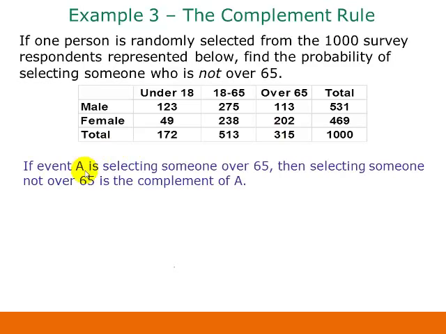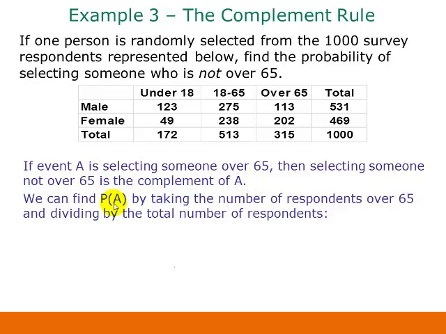So if we let event A be selecting someone over 65, then selecting someone not over 65 would be the complement of A. We can find the probability of event A by taking the number of respondents over 65 and dividing by the total number of respondents. So we have a total of 315 that are over 65. If we divide that by 1,000, we get 0.315.